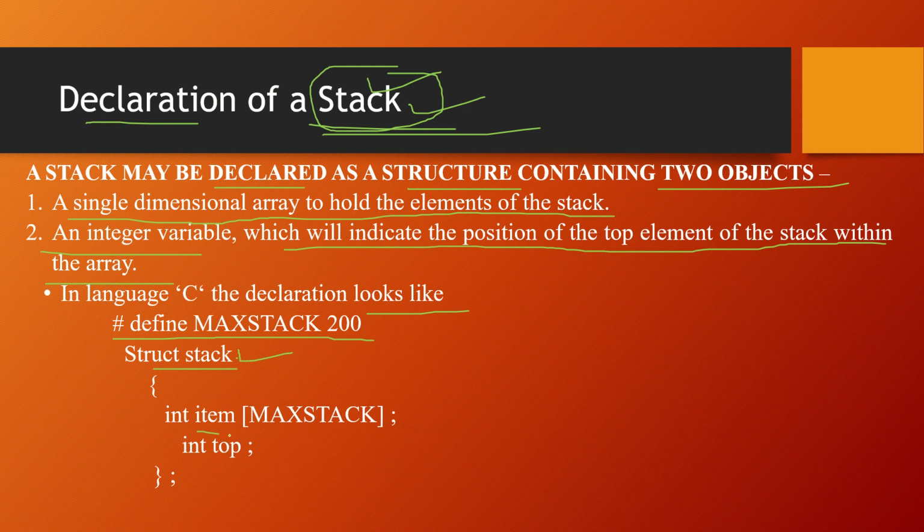The first one is item, which is an array and its length is MAXSTACK, that is it can accommodate 200 elements in it, and there is a variable top of type integer. This structure is terminated by a semicolon. So this is a declaration of a stack. Actual stack is not created till now. So how do we create a stack?